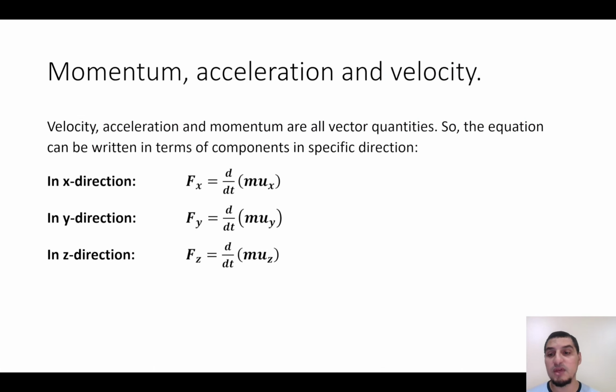So we can have forces in x direction equals the rate of change of momentum in x direction. For y direction, the forces equal the rate of change of momentum in y direction, and the same for z. And this is what we're going to be applying, inshallah, in the equations that we will solve in the end, after we go through the derivation of the equation.